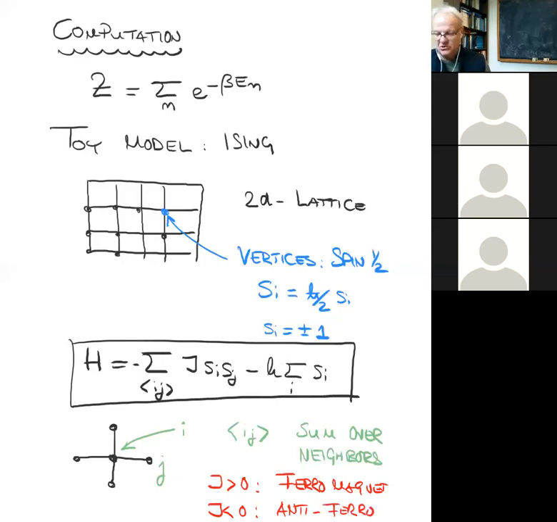Okay. So when we play around with this numerically, we'll mostly consider the ferromagnetic case, but both of them are kind of interesting cases. Okay. So, we had this H. Again, you should think of H as being in an external magnetic field.